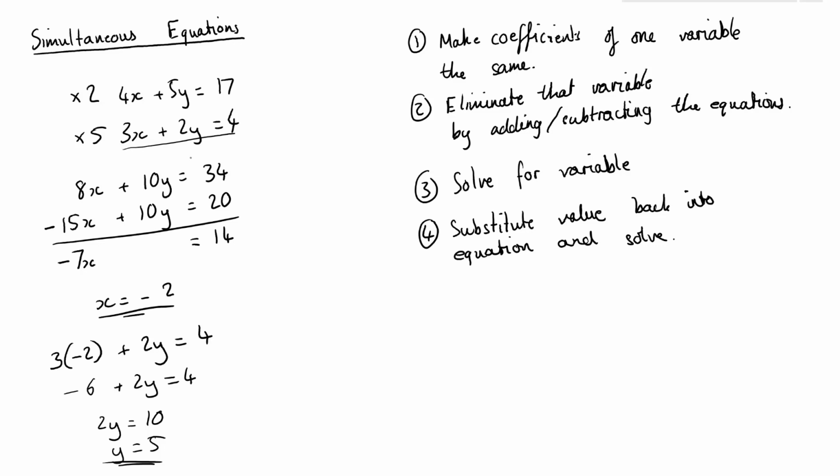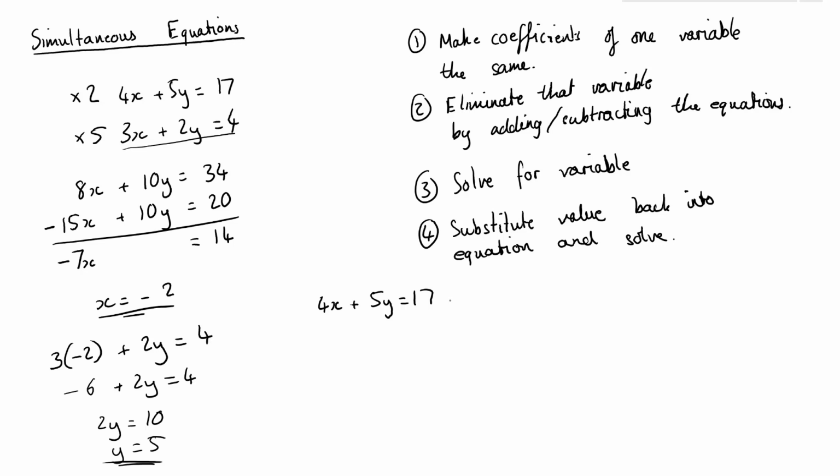If we wanted to solve these things graphically, so solving them graphically means we're going to have to rearrange them slightly. So let's have a go at that. So let's say if we wanted to take the 4x plus 5y equals 17 and plot that out as a y equals mx plus c graph, we're going to have to rearrange this first to figure out what the y equals mx plus c form of this expression is.